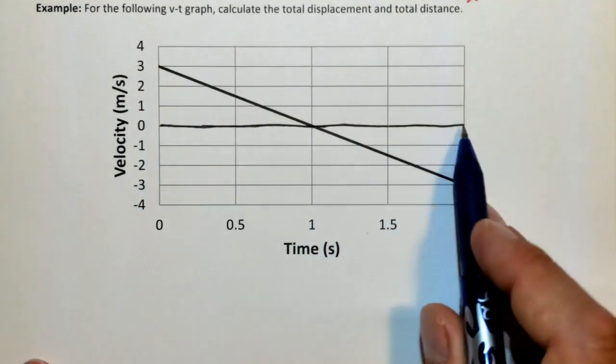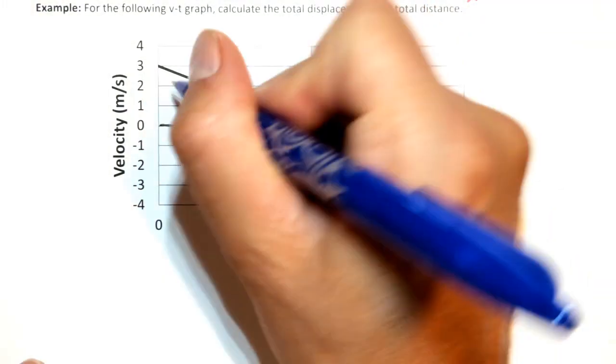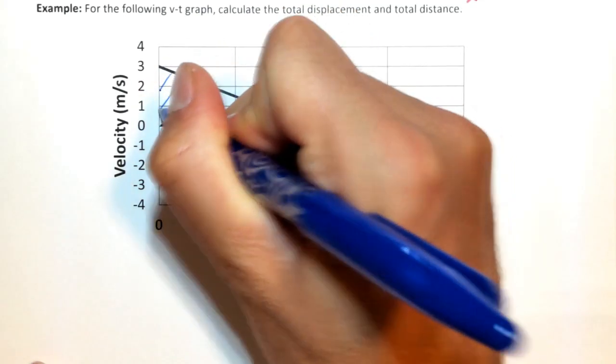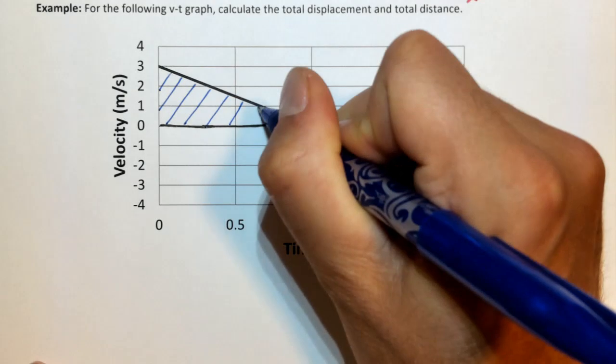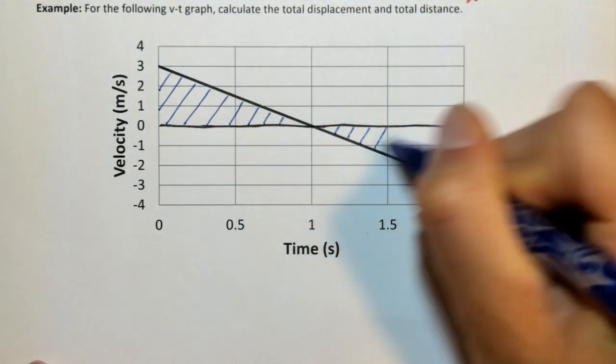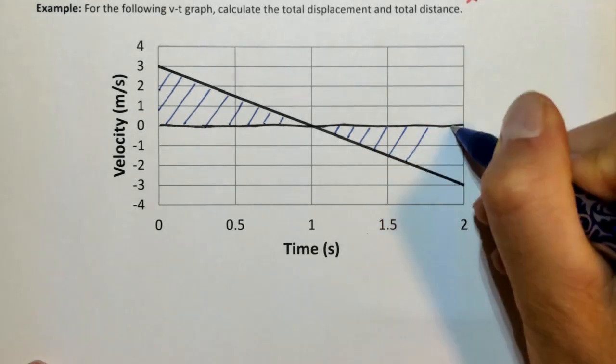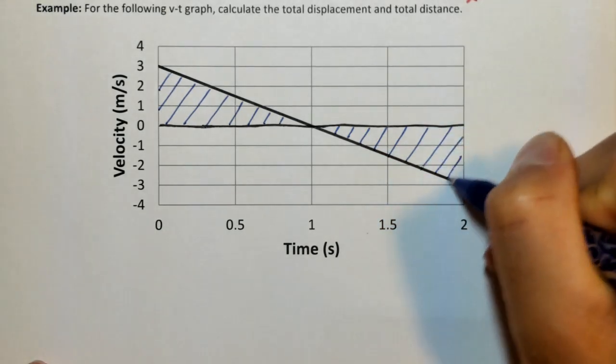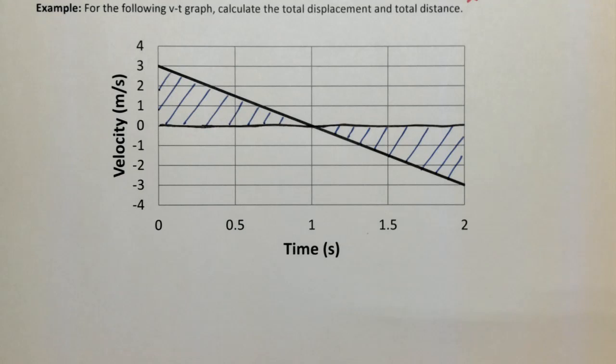Here's my x-axis. I want the area between those two. So I'm trying to find this area here, between the graph and the x-axis.